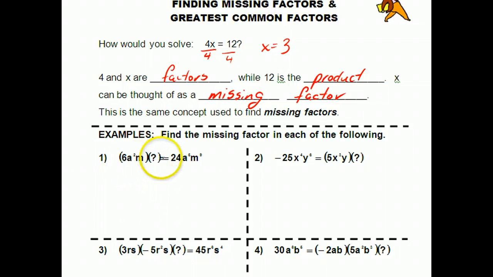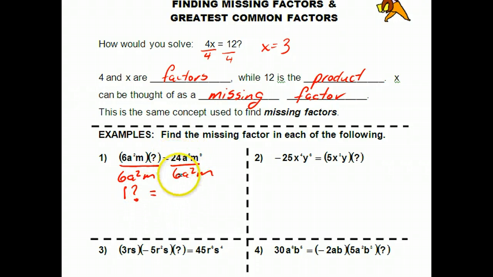So here I want to find my question mark, so I'm just going to divide both sides by 6a squared m. Here I'm left with my question mark, because this term divided by this term just gives me one question mark. Right? And on this side, I'm just going to divide.